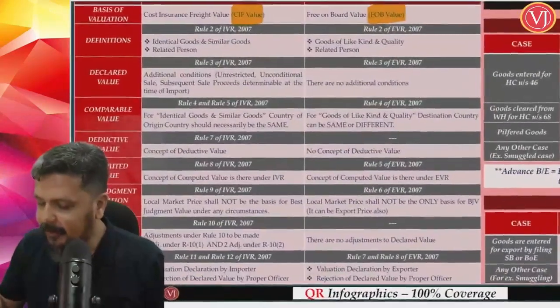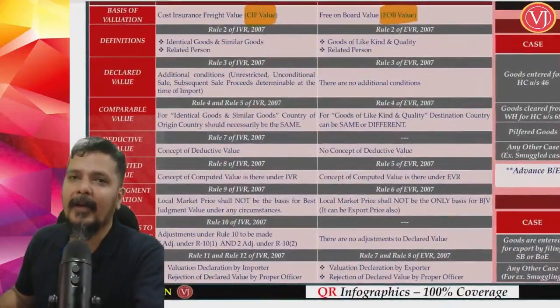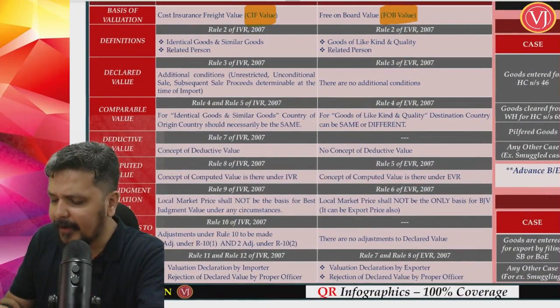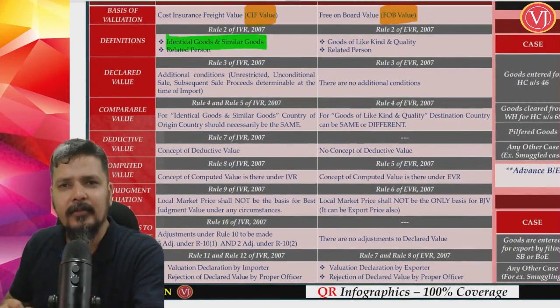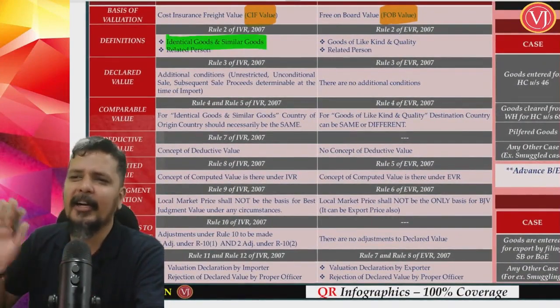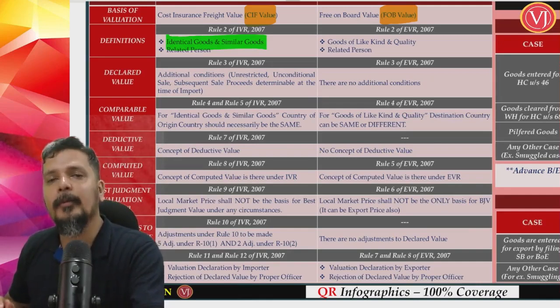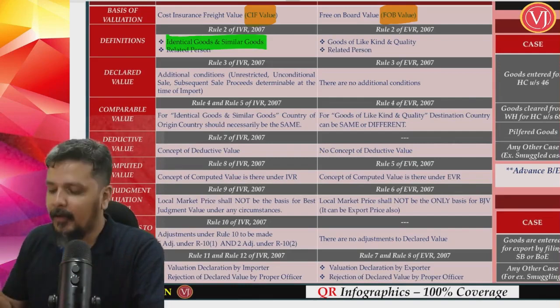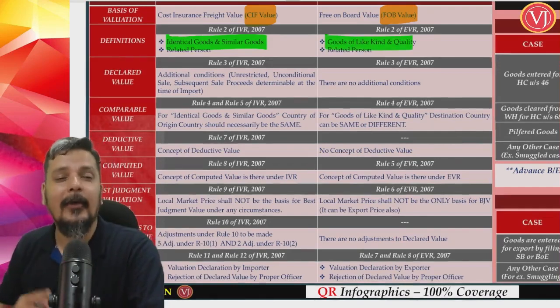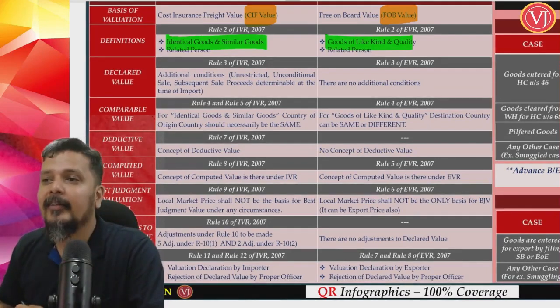Now, other differences. In your import valuation, you have something called identical goods, similar goods, and related person. Same related person is there also. But in your export valuation, you don't have identical goods, similar goods. You have a combo. You have goods of like kind and quality. Now, you can easily link with your GST.